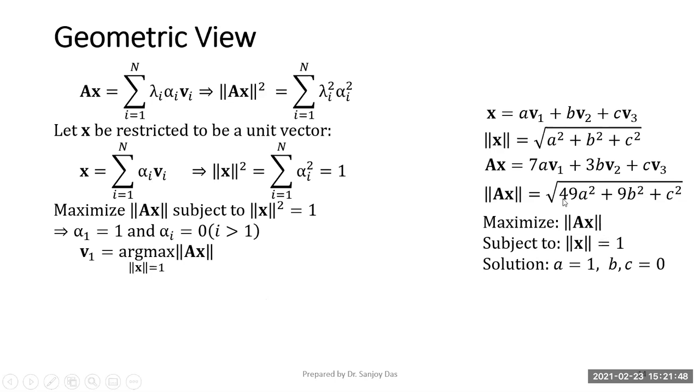The length of Ax was simply 7, right? When x was equal to v1, the length of Ax was equal to 7. So the maximum length of Ax with x being a unit vector is lambda 1. Okay, so I hope you understand these two. This is very important.